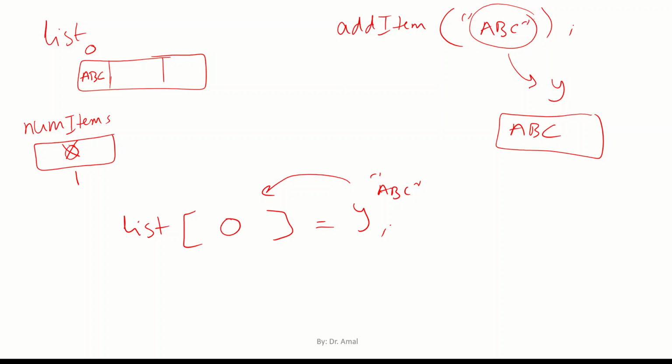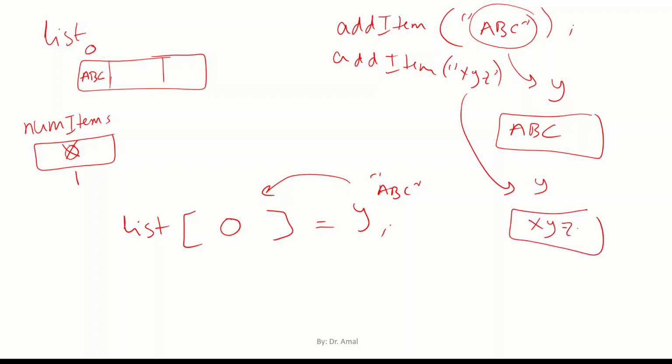The second time, we have another item. Now I have to call addItem, and this time I have to add XYZ. So XYZ will be sent as a parameter. The location of XYZ should be location 1. So there should be XYZ, and I have to increment the number of items.